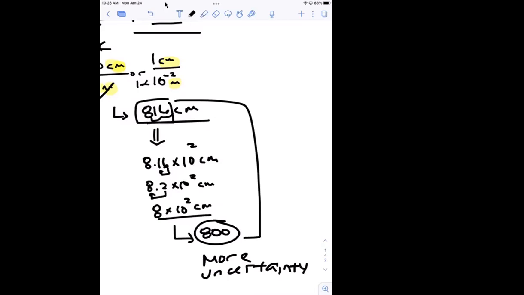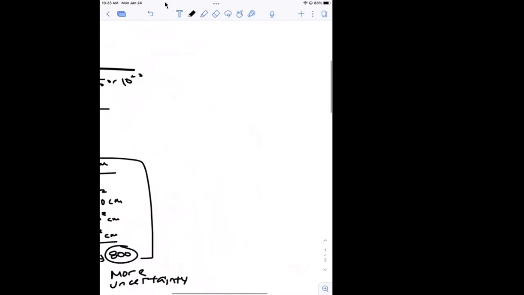You're off by $16. So the less sig-figs you have, the more uncertainty you introduce into a number or a calculation, right? The more sig-figs you have, the more certain the number is, right? So let me write that down over here. I'm abbreviating sig-figs now, so don't panic on that. That's my abbreviation for sig-figs. So less sig-figs is more uncertainty.